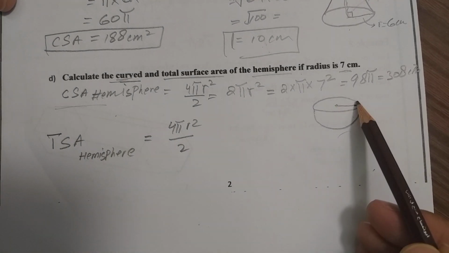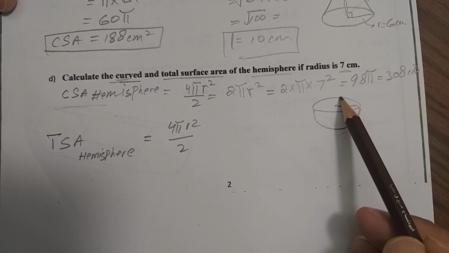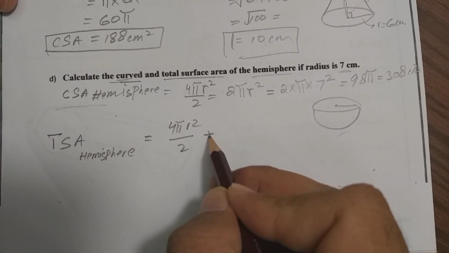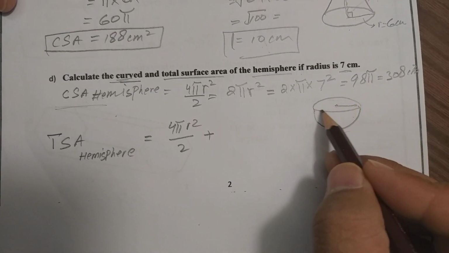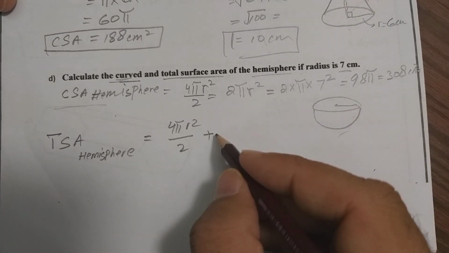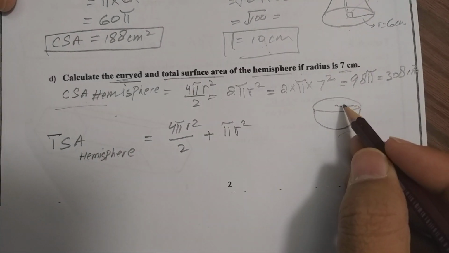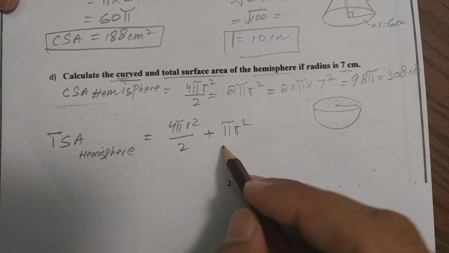But if you look here, when you cut it, there is a circular part, so we add this circular part. It becomes pi r square, because this becomes a circle, and the area of a circle equals pi r square.